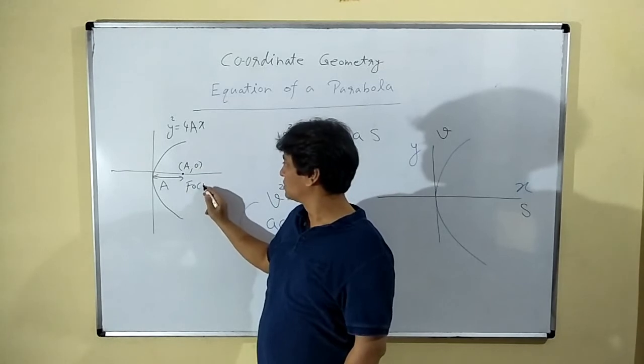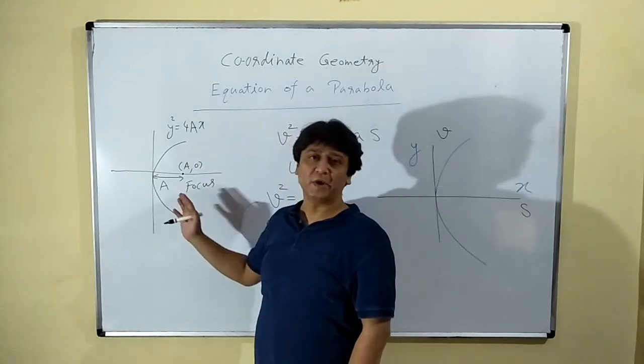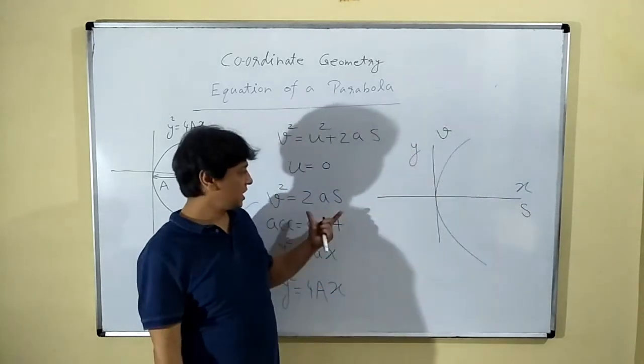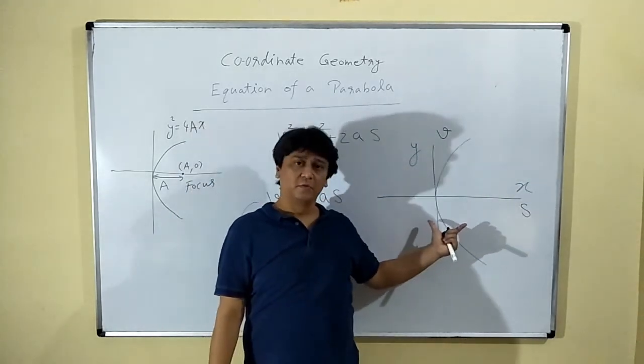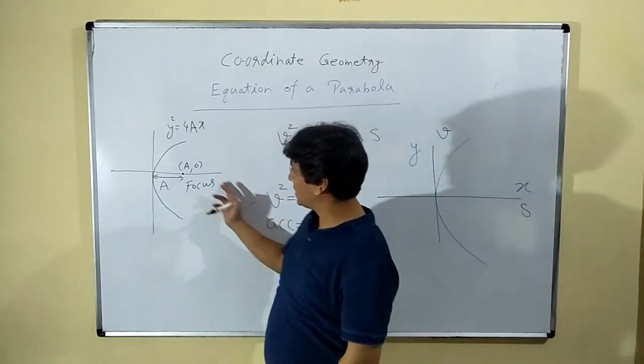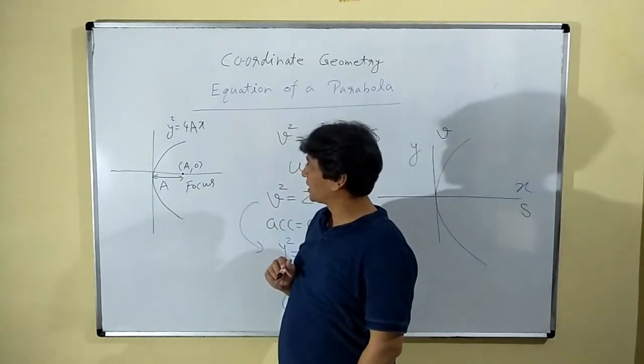This point is focus. हमें इस फोकस से कोई मतलब नहीं है इस इक्वेशन की जब बात करेंगे आप. There is nothing you need to take care of regarding this focus thing.